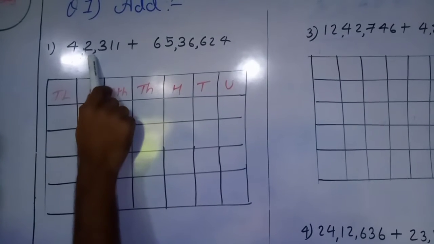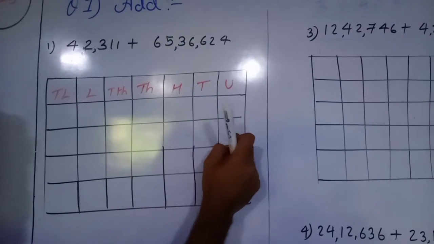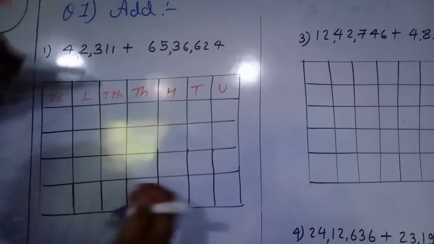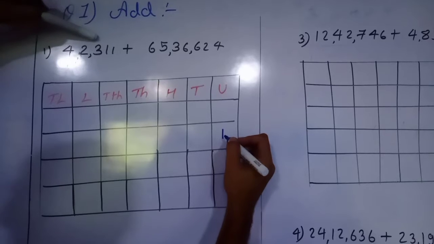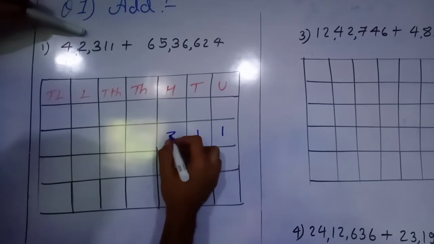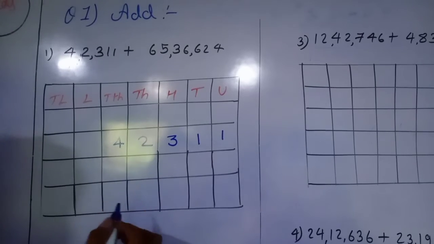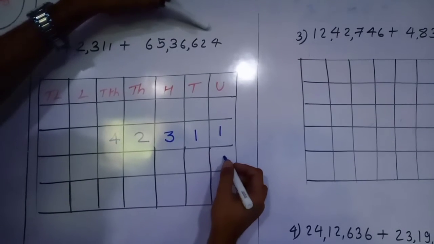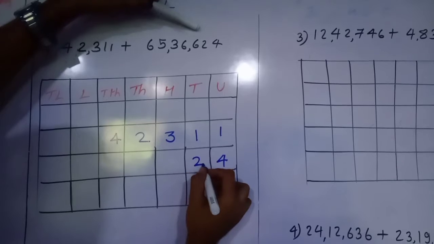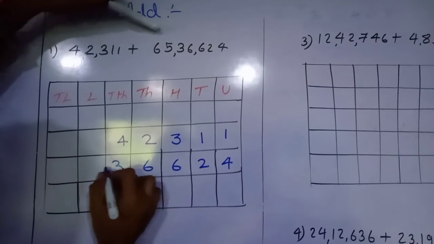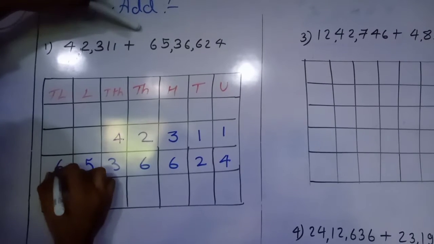First, fill up the first number starting from the right hand side. So the first one is 1, again 1, 3, 2, 4. That's it. The next number is 4, 2, 6, 6, 3, 5, 6.